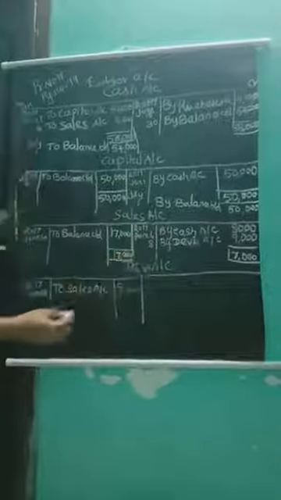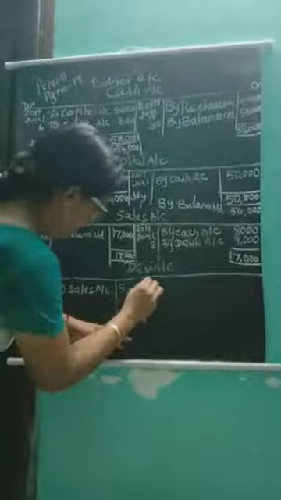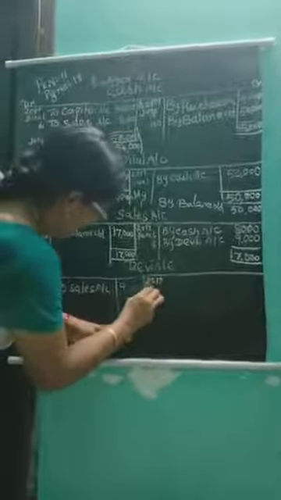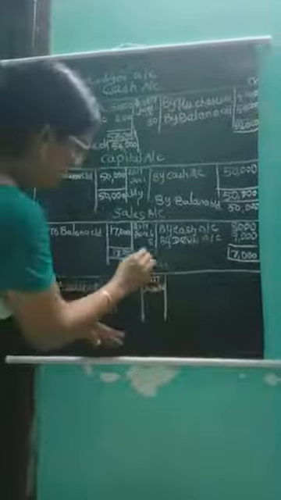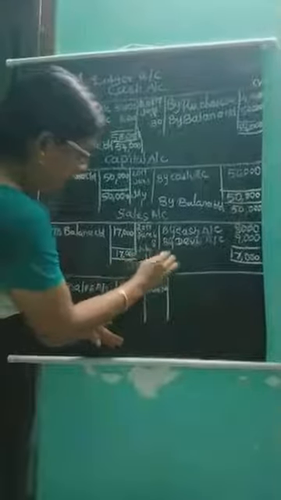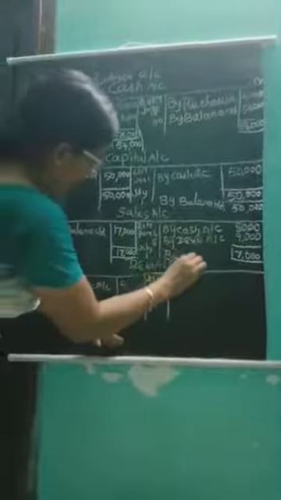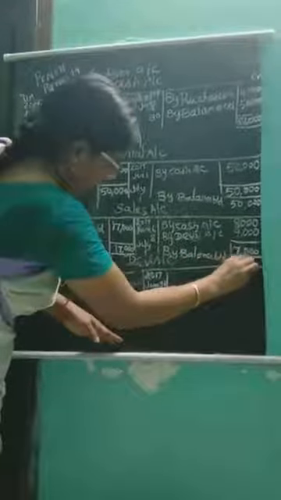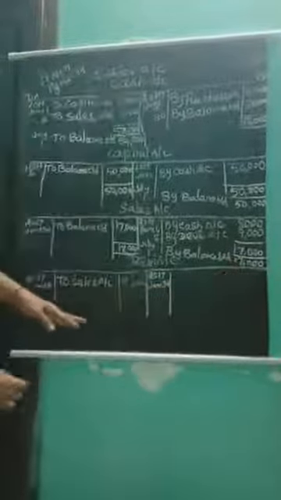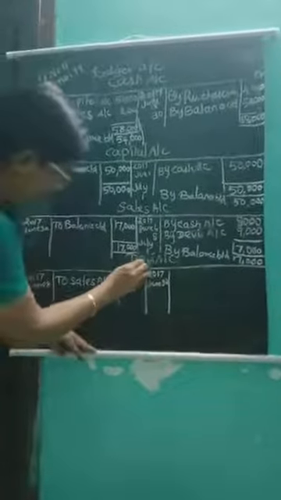So next one is 2017 June 30. Here we have to bring it down, isn't it? July 1 by balance brought down 17,000, isn't it?